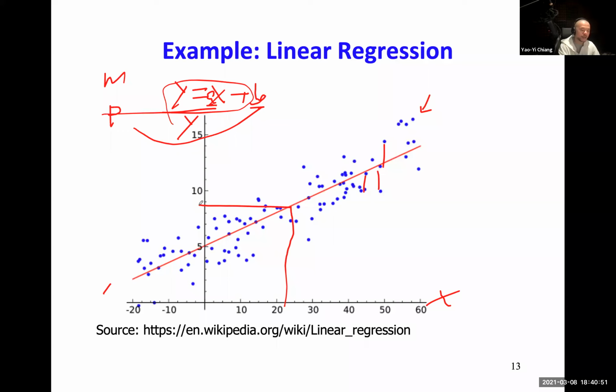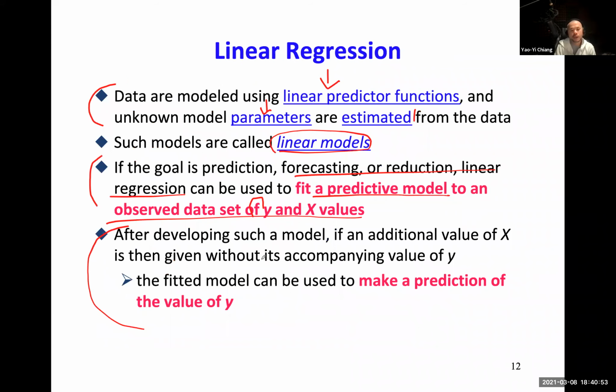So in a recommendation system, if we can develop such a model and we take some additional value of x, we will be able to predict the y. For example, let's say you're building a recommendation system. This is your utility matrix. This is your user, this is your item, right?